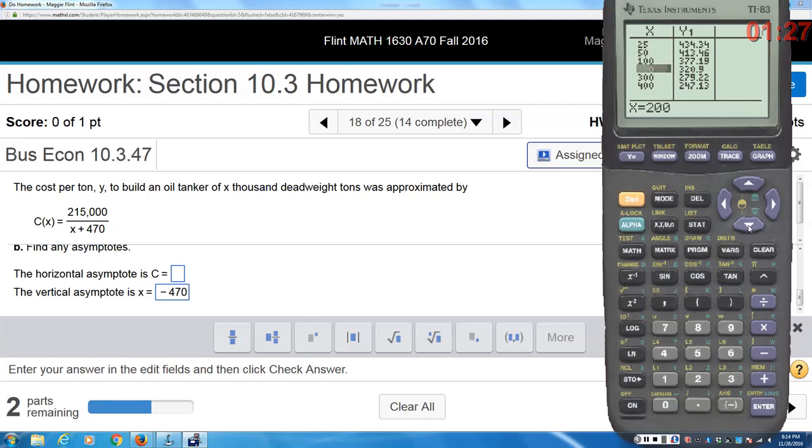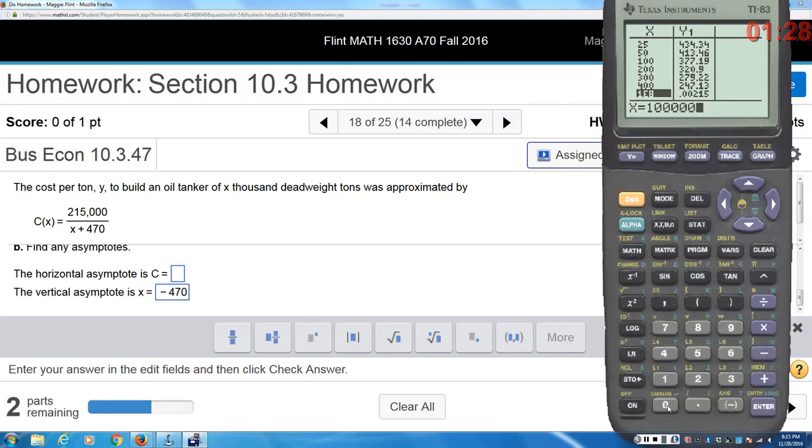What if I let x be a whole lot bigger, like 1,000, 5,000, 100,000, 200,000, 500,000, a million, 100 million, a trillion.